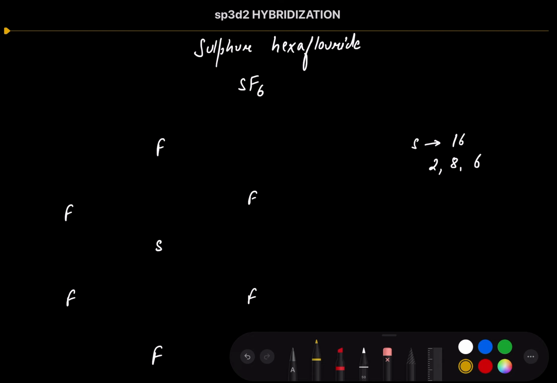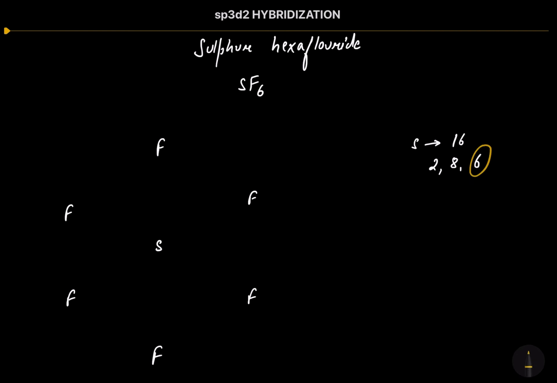So that means sulfur is having 6 valence electrons. So let's mark 6 electrons around sulfur in the Lewis structure.